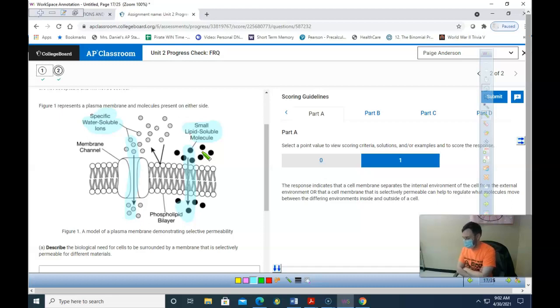Polar things can go through polar things. That's actually all I had to put, because they want to know what property of the phospholipid bilayer. Well, it's because the inside of the phospholipid bilayer is hydrophobic, and hydrophobic goes in hydrophobic, hydrophilic in hydrophilic. So I could have just said the inside's hydrophobic, 100% 1 point on that. If you gave me more, that's fine.